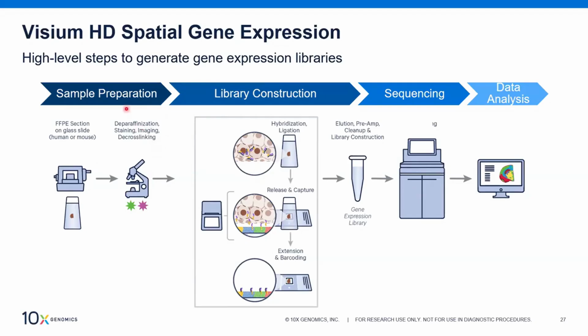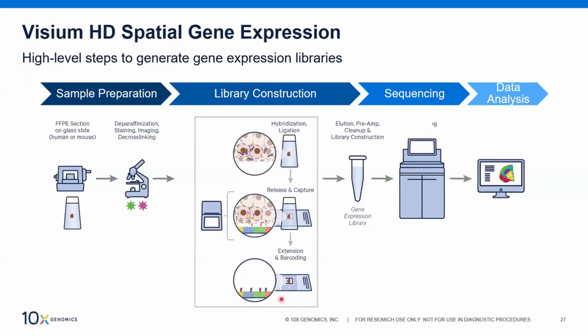So after the sample preparation part is complete, we move on to the library construction. The first step after decrosslinking is we hybridize our probes overnight, ligate them once the 16 to 24-hour incubation time is over, and then we go into the machine, into the CytAssist instrument, and release and capture our product that we want, and then we move on with the Visium slide that contains the product to extension and barcoding steps, after which we elute.